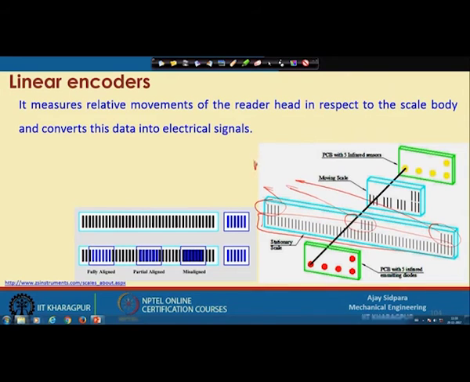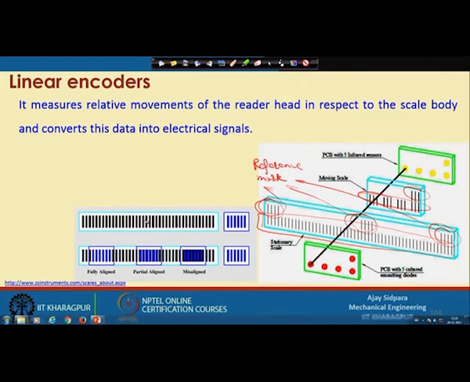In the rotary case there was also a Z scale, so this is likewise considered a Z scale, a reference mark. You can see the reference mark is aligned with this one only, while the remaining part is aligned with this other part, correct. If it is at the end position, you can find the reference. If it is somewhere in the middle, you can get one, and there is one more at the starting point.